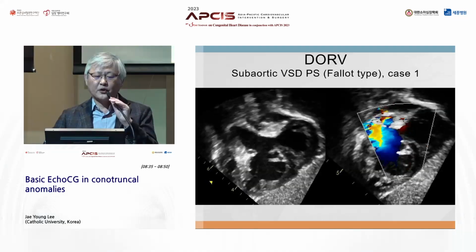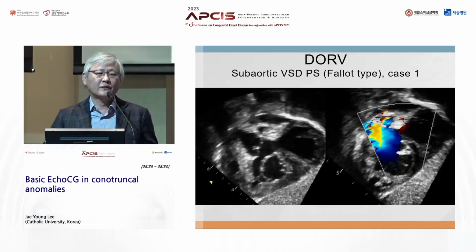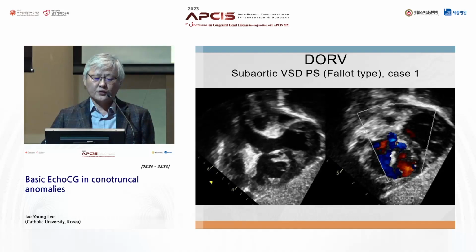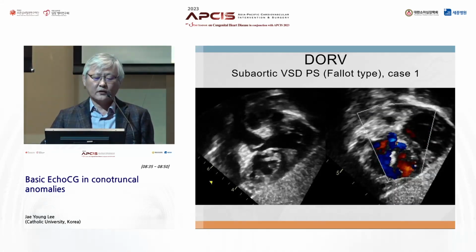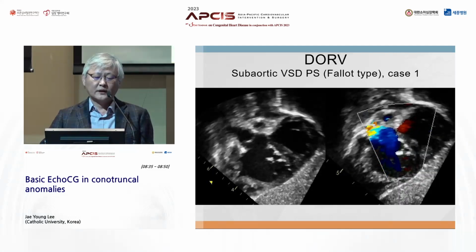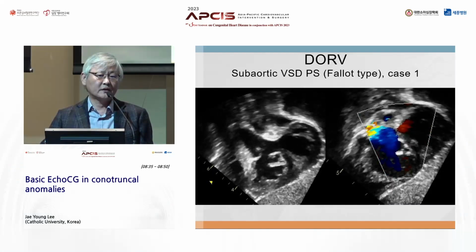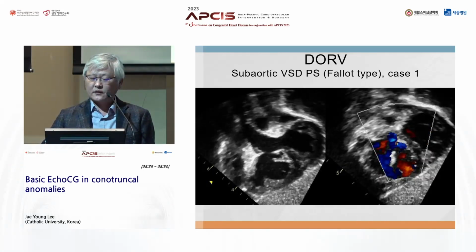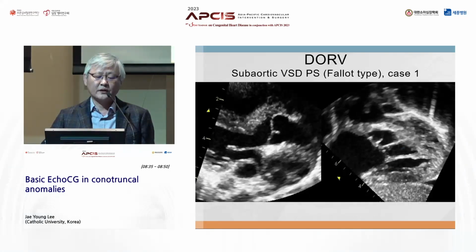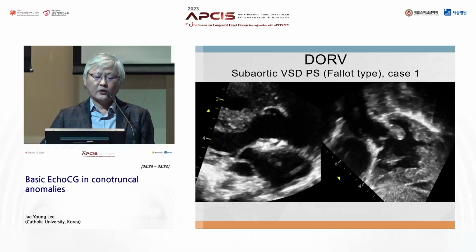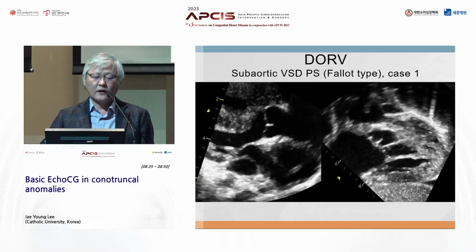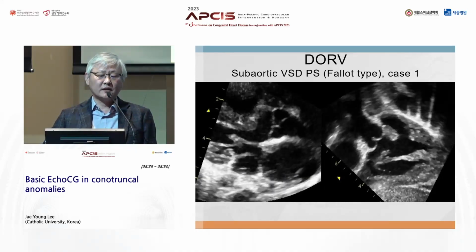Next, the Fallot type DORV is subaortic VSD with outflow tract obstruction. You can also notice the aorta is overriding and attached to the RV, and blood flow is here. And again, in the long axis view, the aorta is overriding more than 50%.